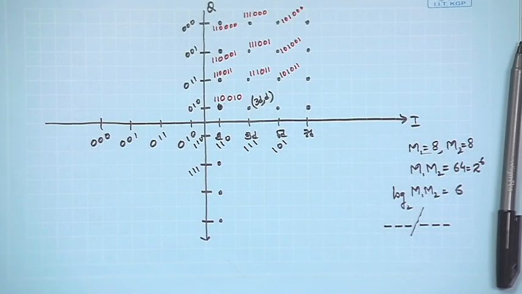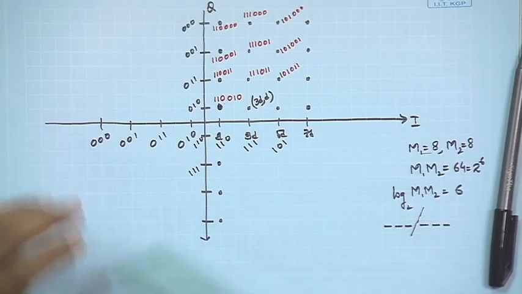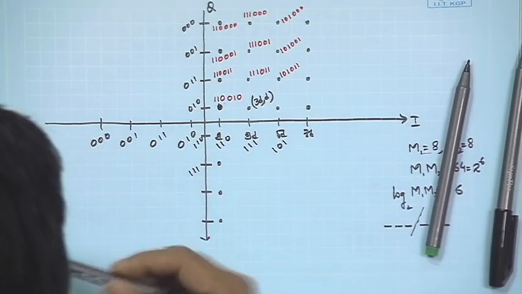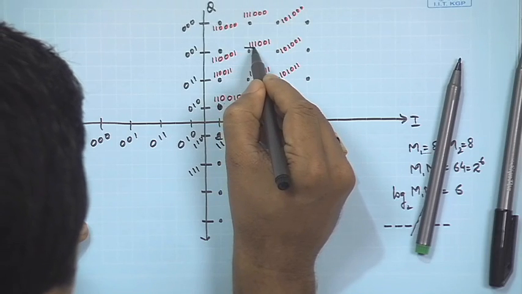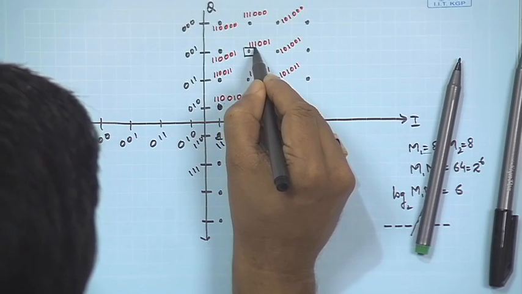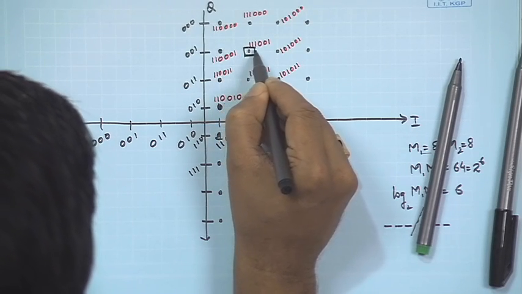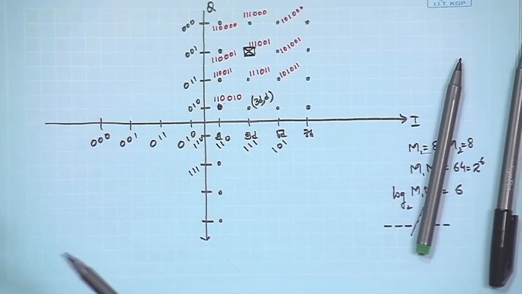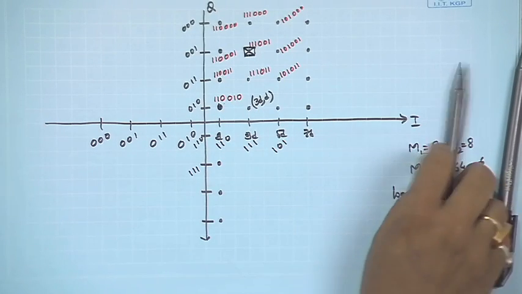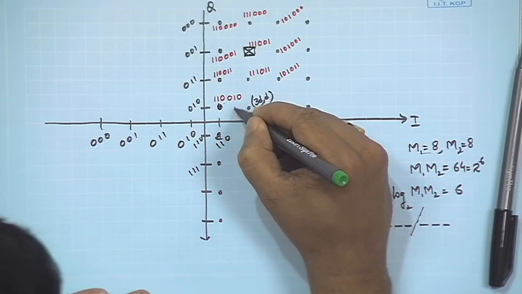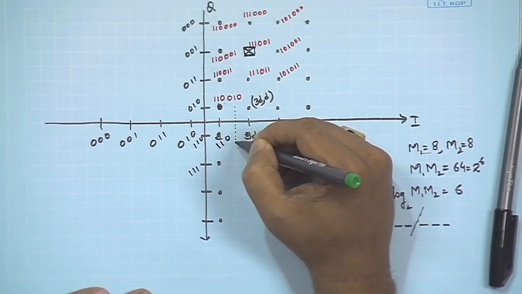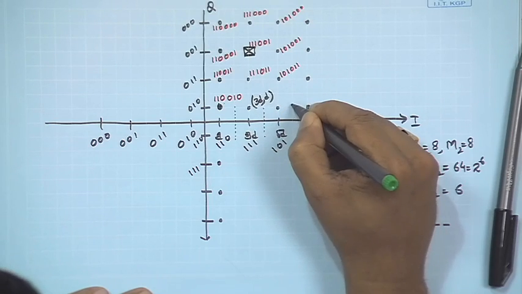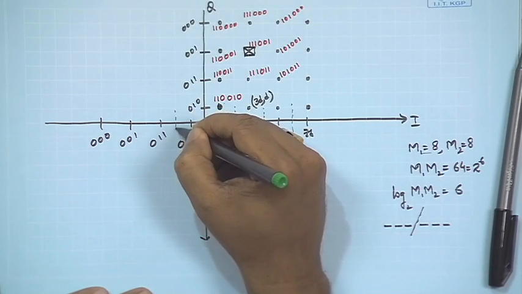Now, trying to discuss what we have seen before, suppose our constellation of interest is this particular constellation. As we had done before for PAM, our decision boundary, with more details on decision boundaries to be discussed later, let us choose halfway between the amplitude points.